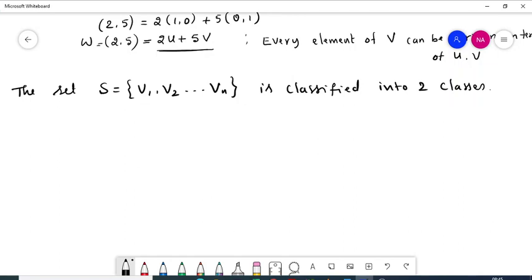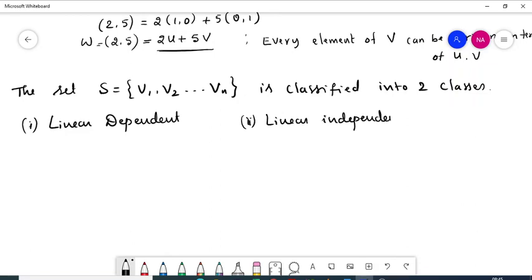Now we will define two types of vectors here: linear dependent vectors and linear independent vectors. We are defining two types of sets, linear dependent vectors and linear independent vectors.